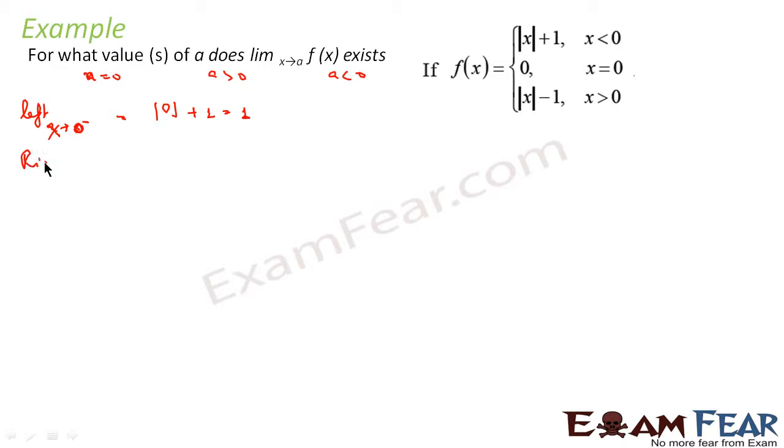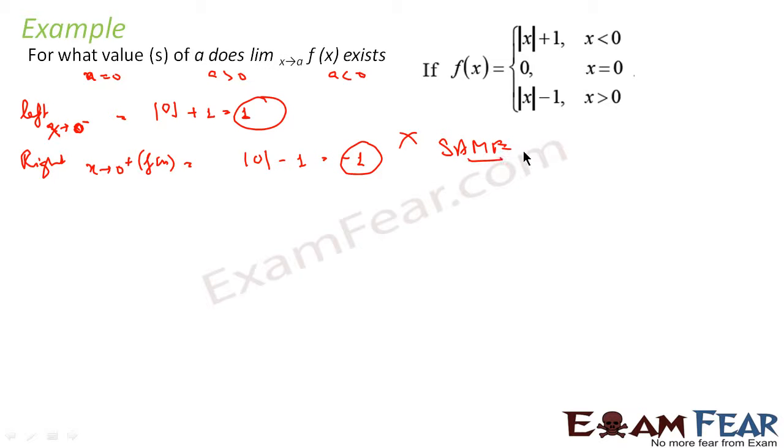In the right limit, x tends to 0 plus of f(x), this will become mod of 0 minus 1, this is minus 1. So left limit and right limit are not the same. So we can say that at a is equal to 0, this limit doesn't exist, because the left limit and right limit are not the same.